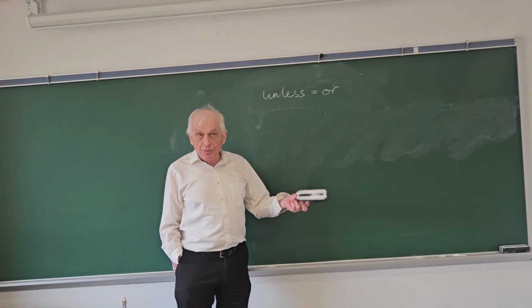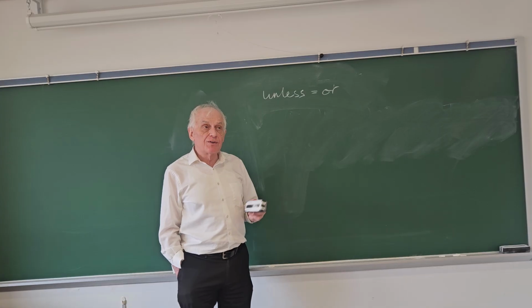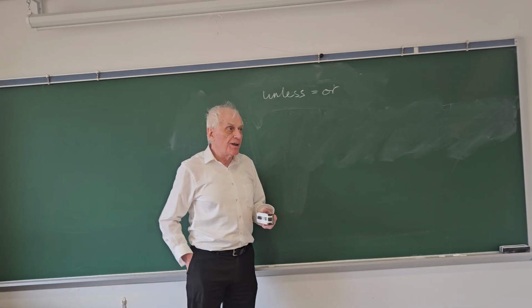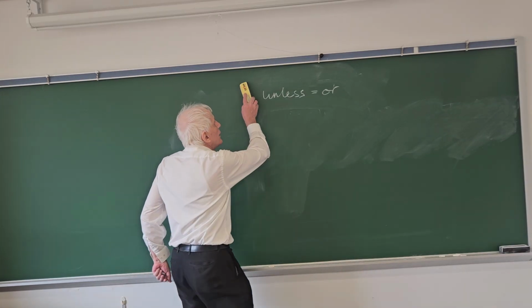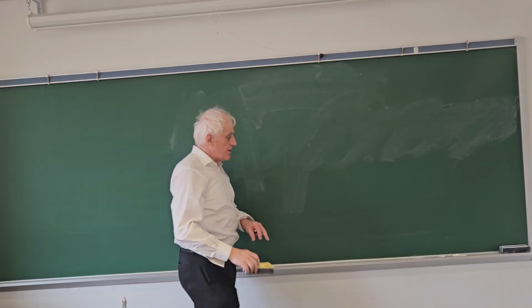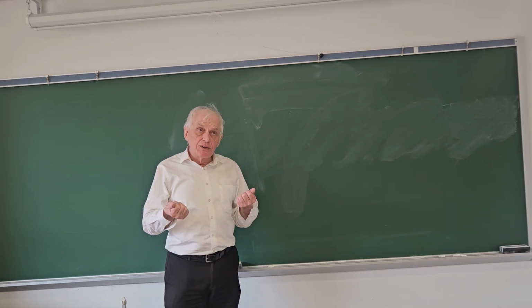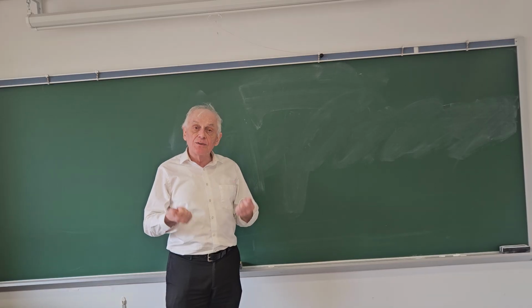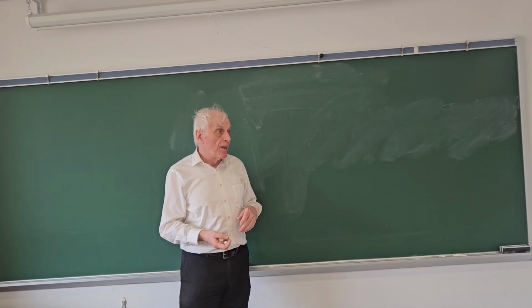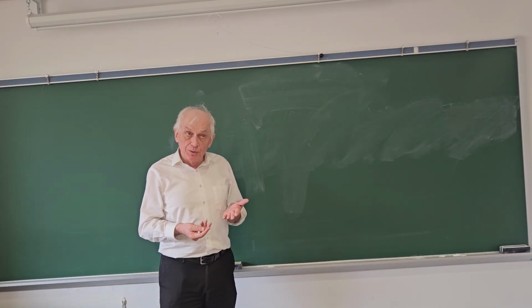Then, 3 sentences, 3 arguments to translate using a translation key. Then 4 sentences of which you're asked to determine whether they're contingent or inconsistent or tautologous. So here, first you try and make them true.